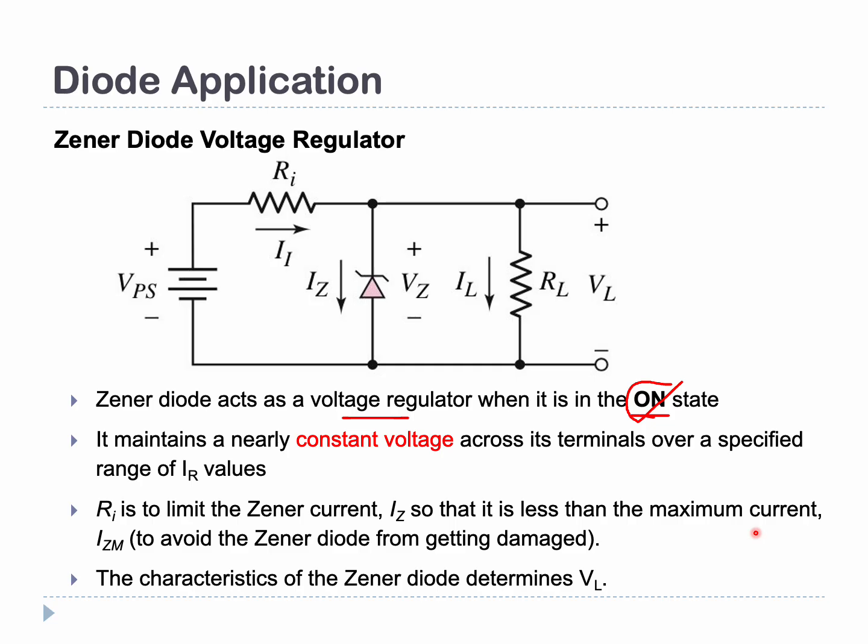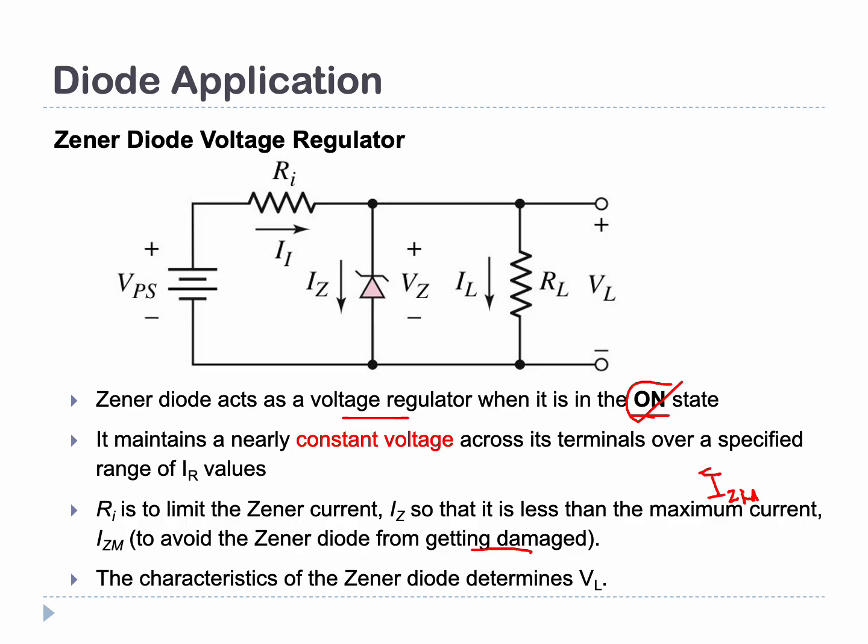This is to avoid the Zener going into the breakdown region, so it makes sure that the value of Iz will not reach IZM, and to avoid the Zener diode from getting damaged.